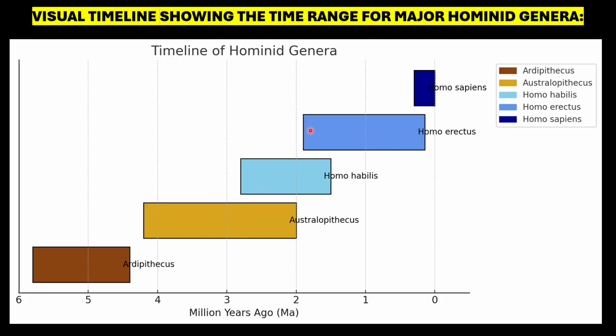And then we have these three groups, they all existed side by side. Homo erectus existed around this time with Homo habilis, and then Homo habilis existed around this time with Australopithecus. When Australopithecus became extinct, Homo habilis still existed at that time.